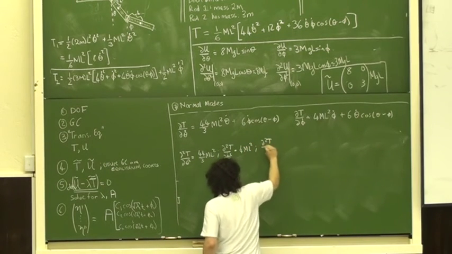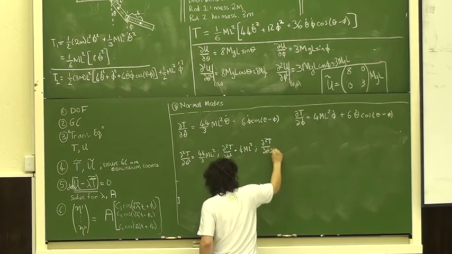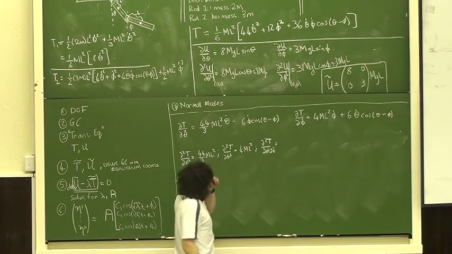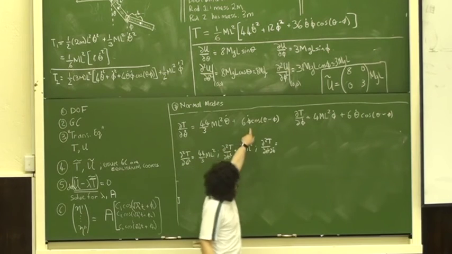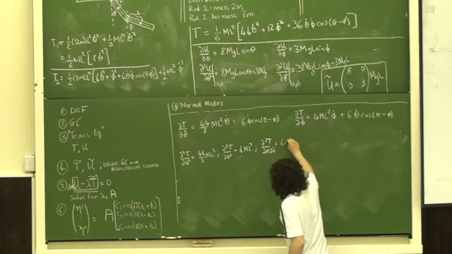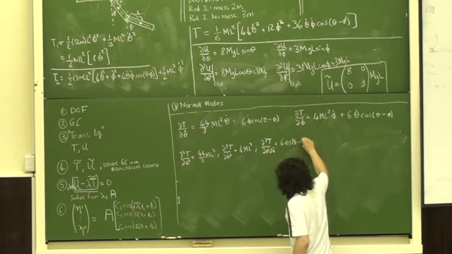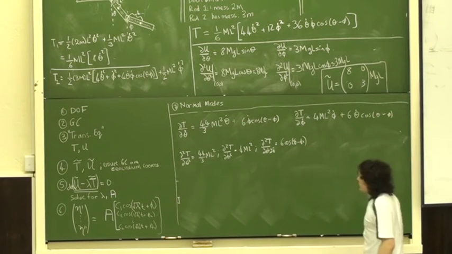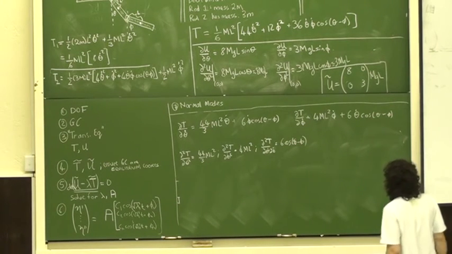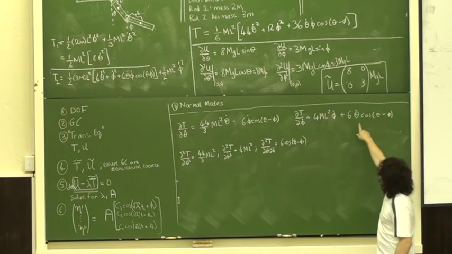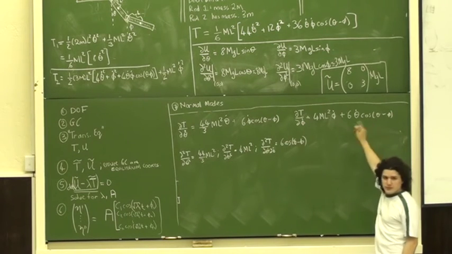Del squared T by del theta dot del phi dot is simply, differentiate this one with respect to phi dot, 6 cos theta minus phi. And of course, we could have done this one with respect to theta, we get the same answer.